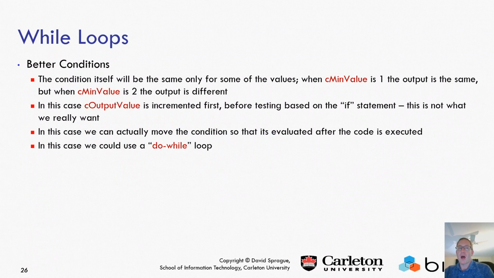So this is where that comes in. So what you really want is to make sure the condition itself is the only thing that matters. Maybe there are cases when I want to do a while loop, but I want to make sure I always do a certain condition.